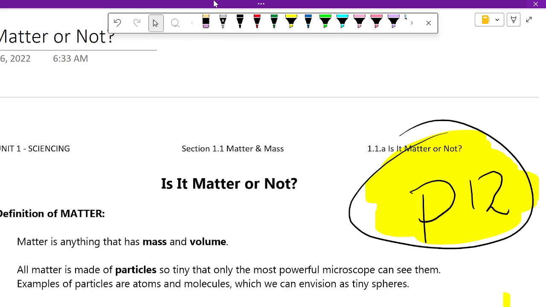Okay. So in order for something to be matter, it has to have two properties. It has to have mass. It's heavy. Even though air, I don't go, ooh, like I'm not like, oh my God, the air is weighing down on me.